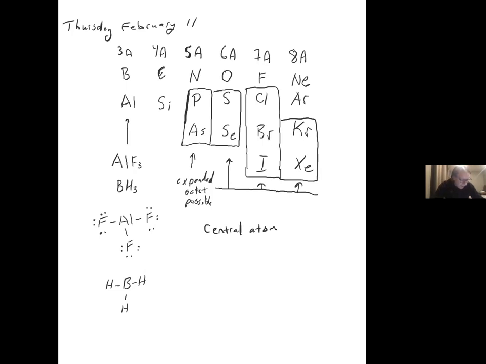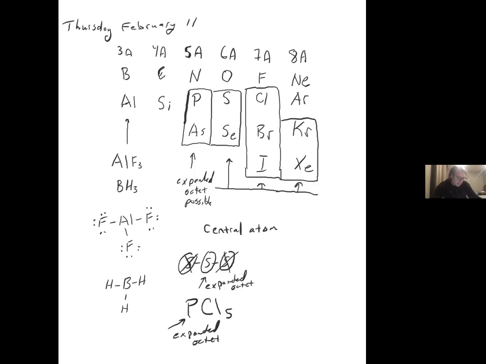So if you have something like S, S, S, this is not going to have expanded octet. It's going to be octet rule. Same thing with this one over here. But the one in the center has the capacity for expanded octet. There are all sorts of arguments about that, and I'm not going to go through the details. What you just need to remember is that if you have a formula with one of those elements, like phosphorus, and it's the central atom, if it has more than 4 surrounding atoms, it's got to be expanded octet.